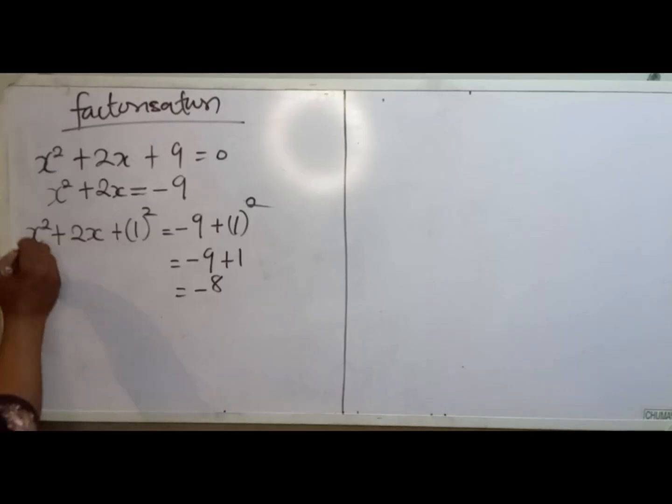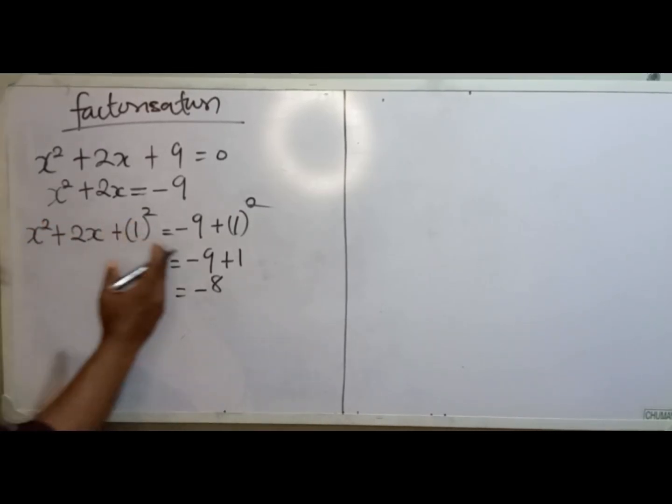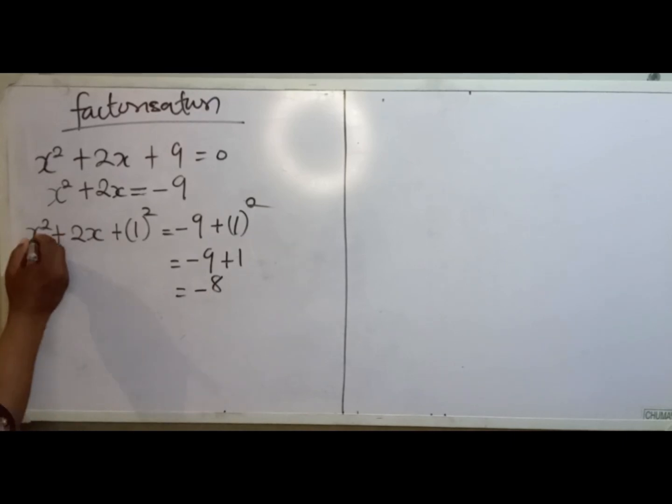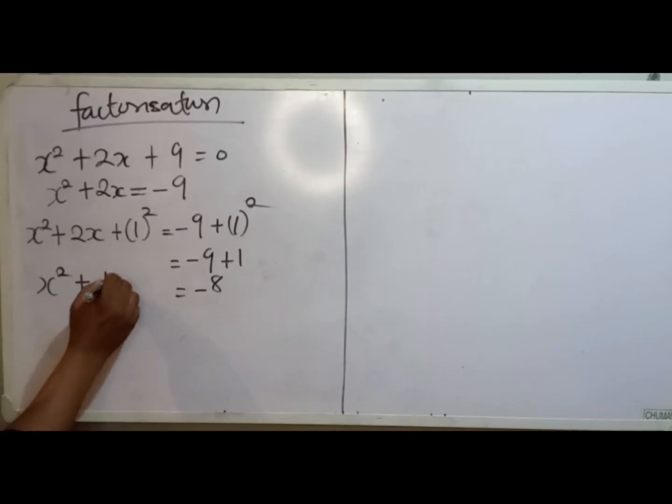So now the next thing we're going to do is to take the perfect squares on this side of the polynomial sign, sorry. So now it's going to be x squared plus 1 squared.